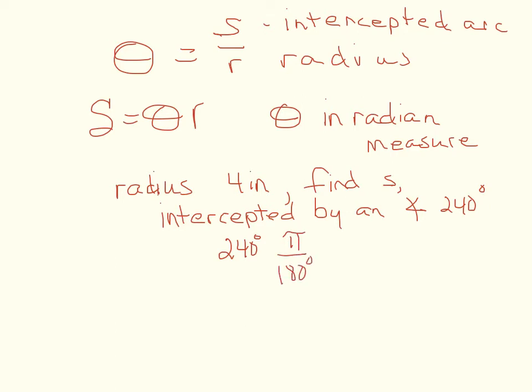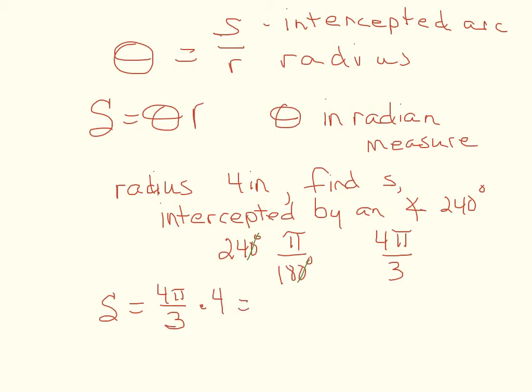So if we simplify this, an easy way to do it, the zeros cancel, and then I'm just looking at 24 over 18, and 6 goes into both of those, so that becomes 4 pi over 3. Okay, so if I want to find the length of the intercepted arc, now we just take theta, which we just found in radian measure, was 4 pi over 3, and we're going to multiply that by 4 inches.